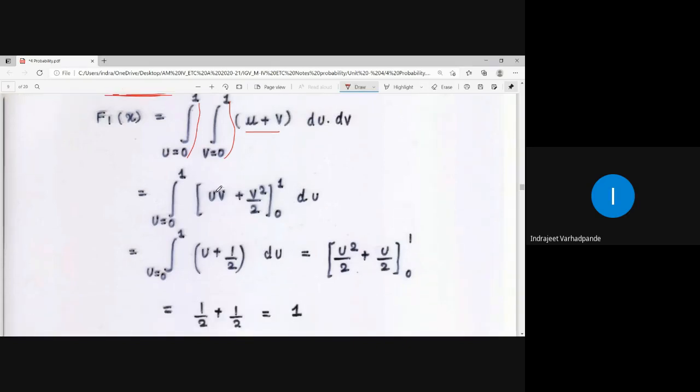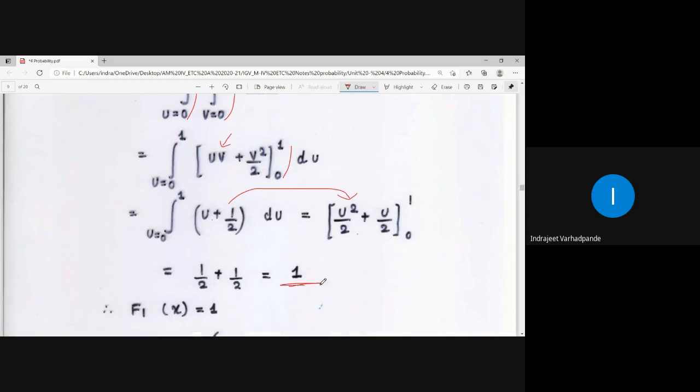First integrate with respect to v. So u is constant, u into v plus v square by 2. Put the limit 0 to 1. Again integrate with respect to u. The integration of u is u square by 2, the integration of half is half into u. Put the limit. Your answer for the distribution function will be 1.